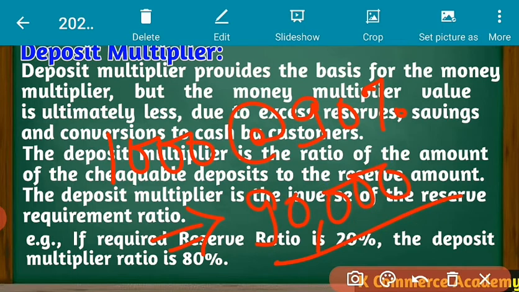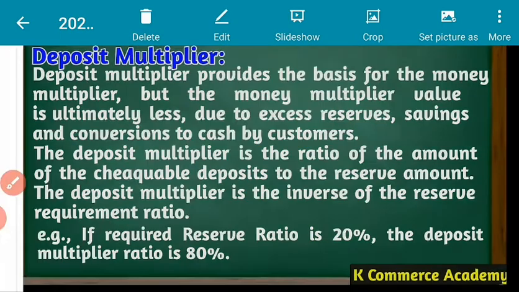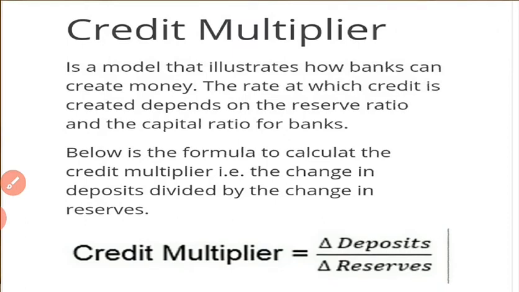The credit multiplier or money multiplier will be rupees 10,000, and the demand deposits were created as rupees 10,000 there, and here it has been created as 90,000. So I hope you all have understood the concept in an easy way.